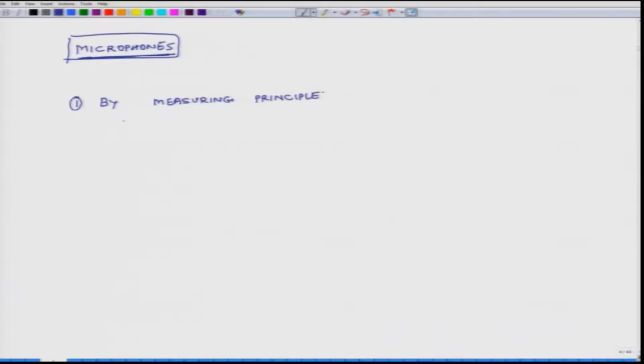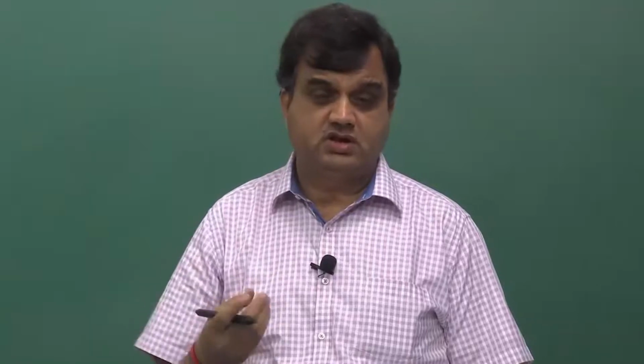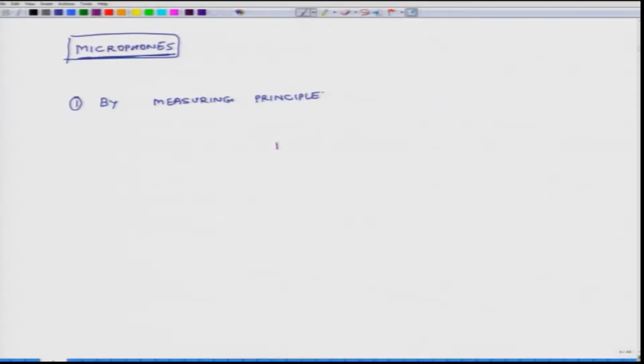Okay, the measuring principle. This is one way to classify microphones, based on the fundamental principle which a microphone uses to measure sound pressure level. So, if I have to classify microphones according to measuring principle, I will make a chart. So, we will say microphones, and actually we will describe these different measurement principles.